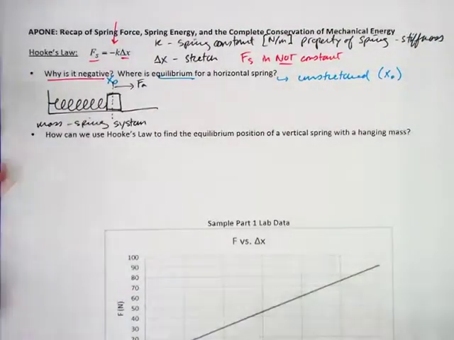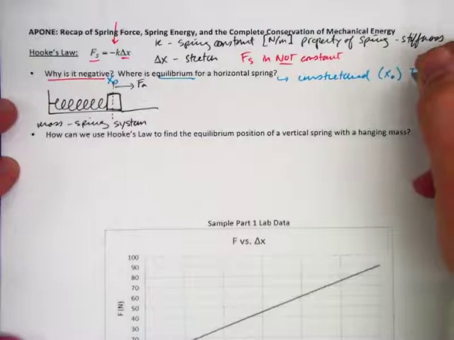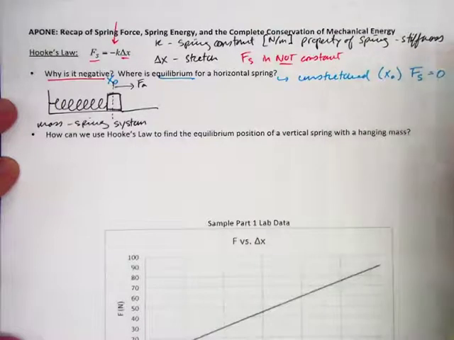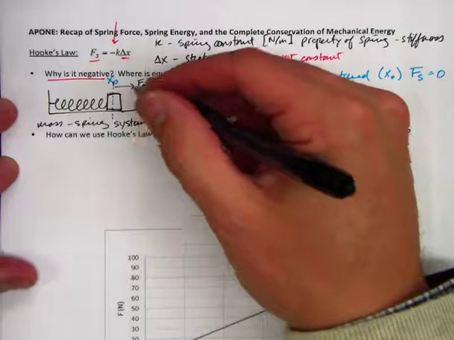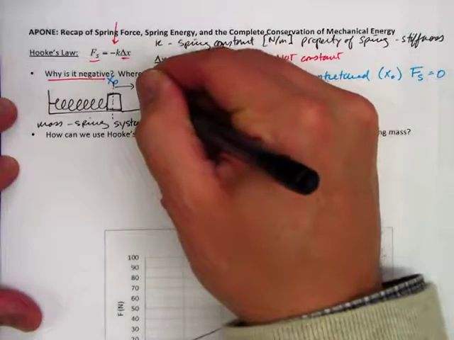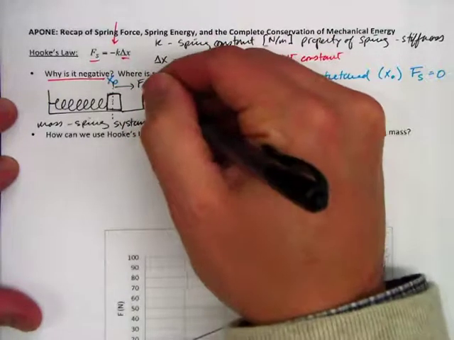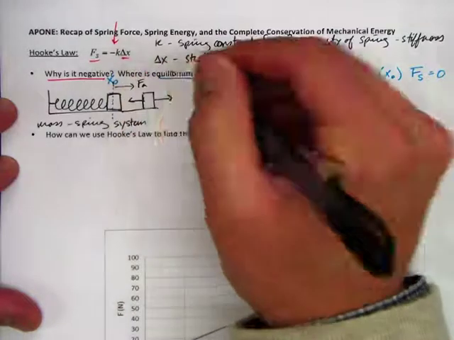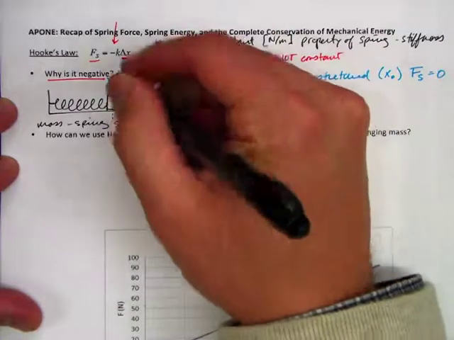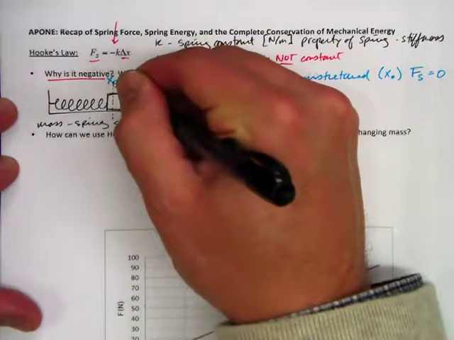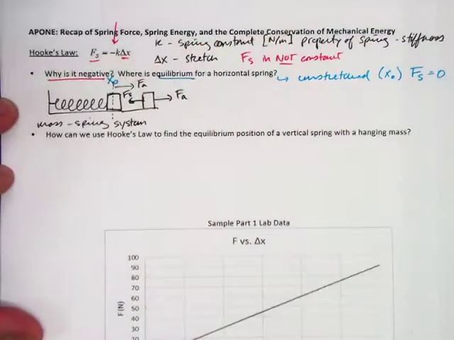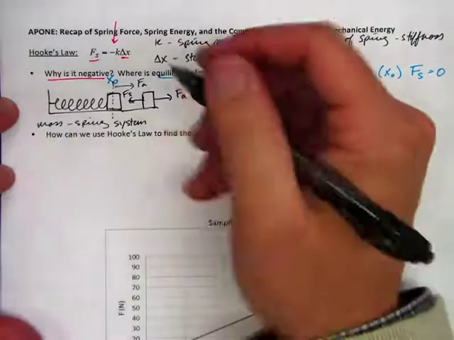At this position, the spring is not stretched, therefore Fs is 0. Now, if we look at applying a force to stretch it to some displacement away, I'm holding it at a new equilibrium where the applied force is balanced now with the spring force. So I pull on this mass, and the spring's pulling back on the mass in the opposite direction.